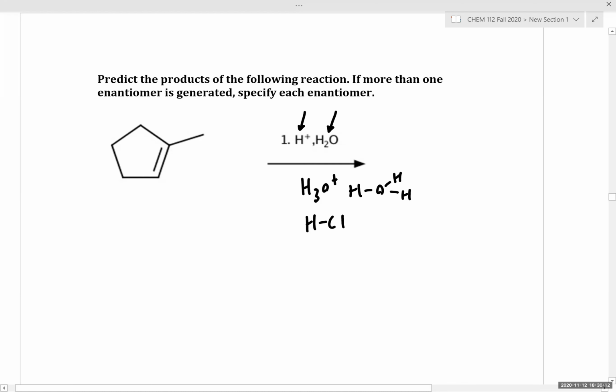So if we're following our general scheme for electrophilic substitution, what is our first step going to be if we have H3O+ floating around? What is our first step going to be if we have a strong acid floating around?